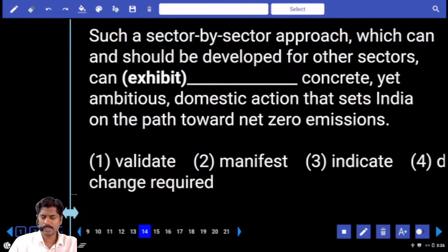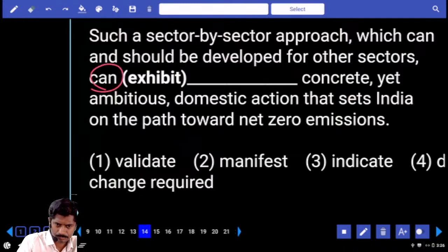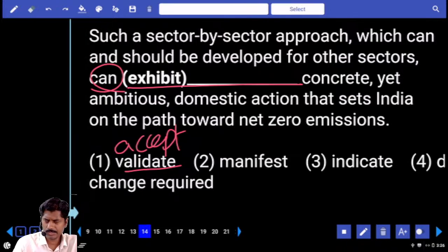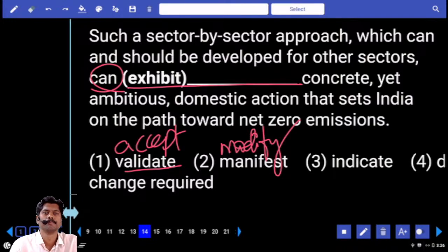Such a sector by sector approach, which can and should be developed for other sectors, can exhibit concrete and ambitious domestic action. Exhibit action, can validate. Validate means what? Giving confirmation, giving acceptance, acknowledging is called validating. No. Manifest is nothing but modify, changing the form is called manifest.